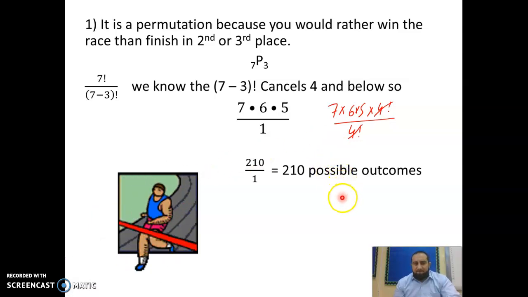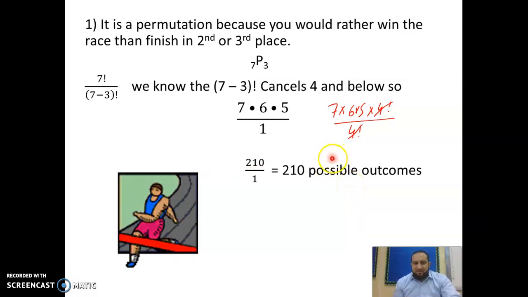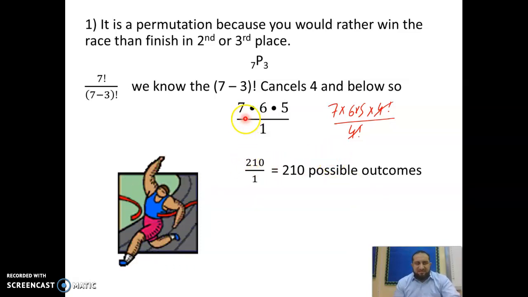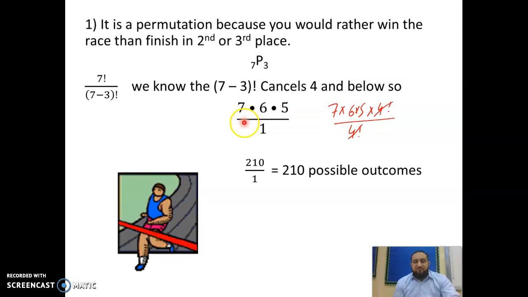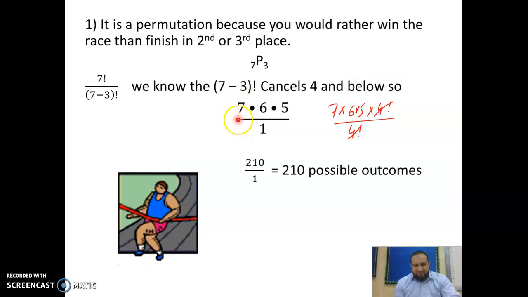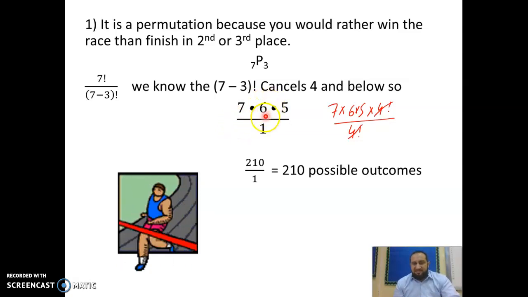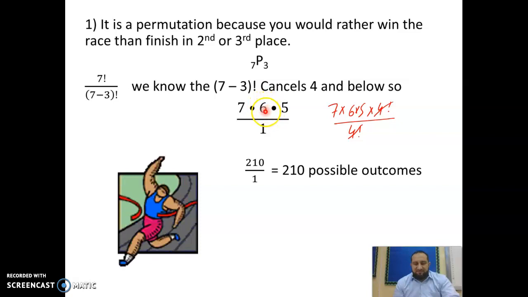Or you can use the counting principle, because if you look into it, there are 7 people. For the first position, whoever wins the race at first place, there are 7 possibilities. So one person is chosen. Then for the second place, how many people are left over?